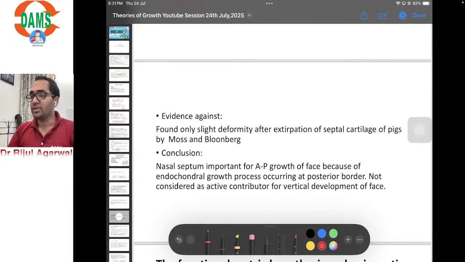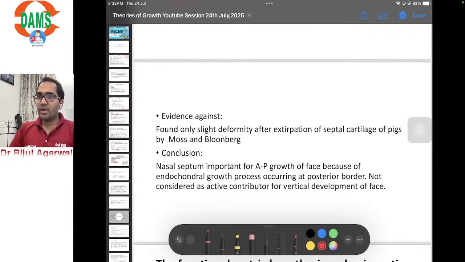It was then concluded that, true, the nasal septum is important for the anteroposterior growth of the midface because of the endochondral bone formation occurring at the posterior border, but it is not the only factor responsible. What are the other factors? We'll study them in the next topic of postnatal growth.